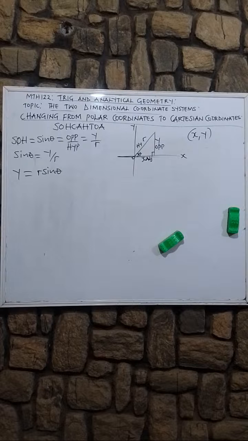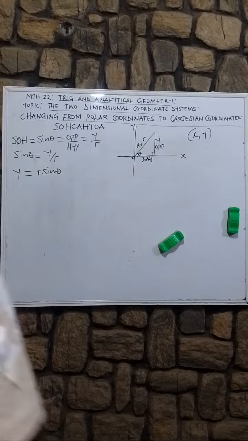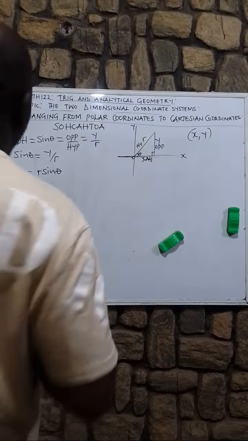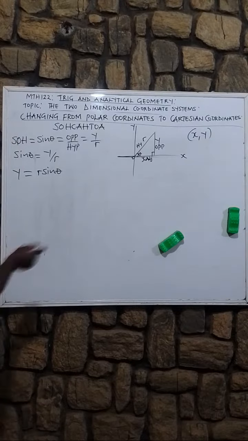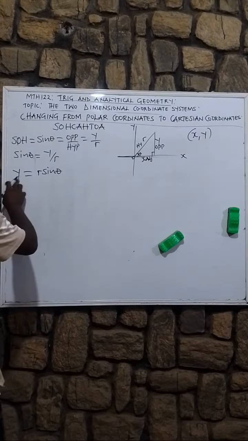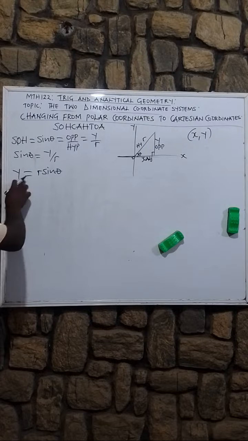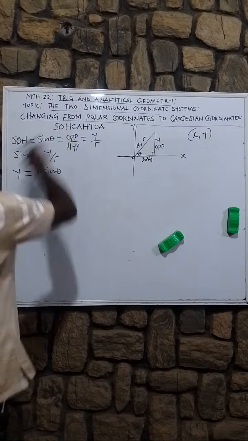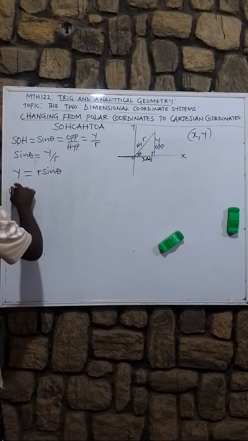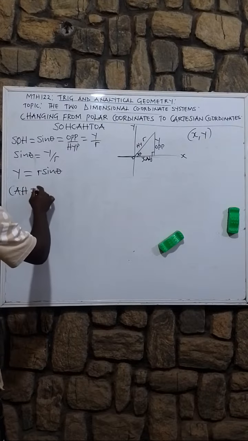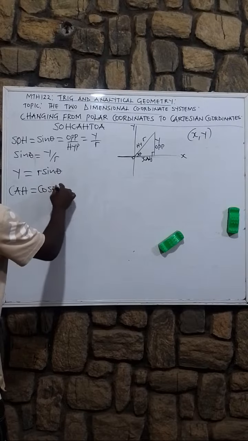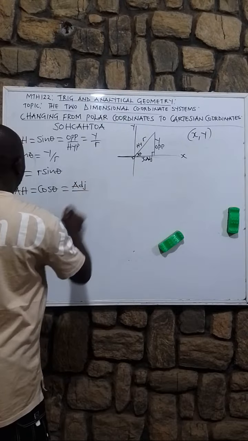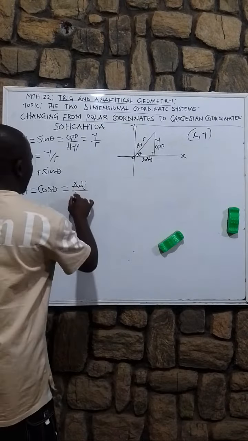True or false? y is equal to r sin theta. This is what we are going to use to obtain y. The same thing is applicable here. cos theta is equal to A over H, where A is adjacent and H is hypotenuse.